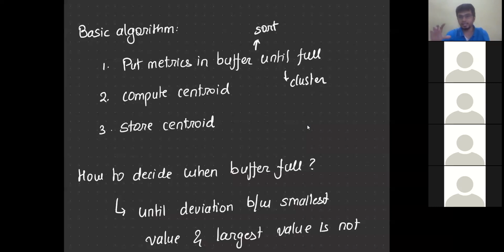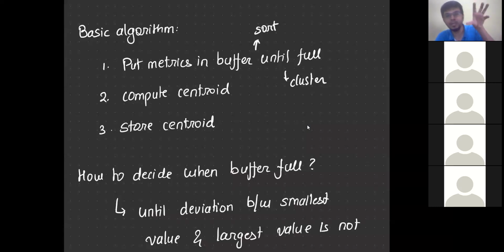So the idea is when we get the actual stream of numbers, we have to sample the data. With this sampling, what we do is we put all of this data in this buffer and we sort it. Then we create clusters out of it, and basically we merge it with the global set of clusters. So the cluster's centroid would be the representation of one value of that cluster.